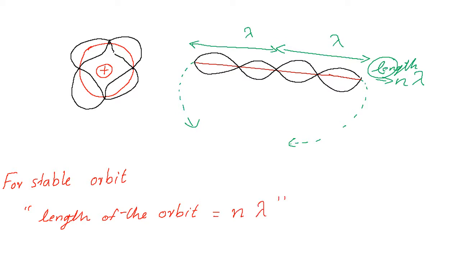And what is n? N can be 1, 2, 3, etc. And what is lambda? Lambda is the wavelength. So by considering the electron as a wave, we must consider the electron around the nucleus as a stable standing wave, and for that the length of the orbit must be n lambda.